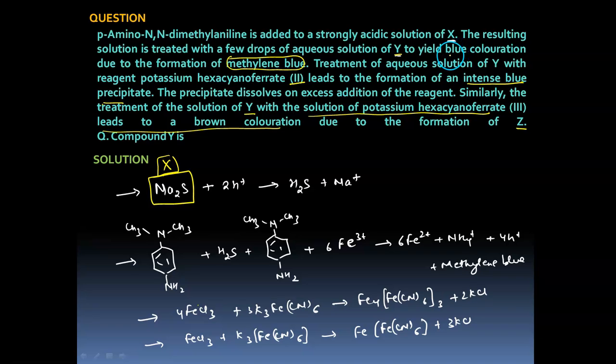That can happen because of the Fe3+ ions, right? And the options that they have given are MgCl2, FeCl2, FeCl3, ZnCl2. So the answer for Y has to be an Fe3+ salt, which is FeCl3. Therefore the answer would be FeCl3.